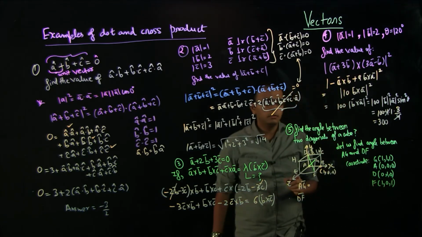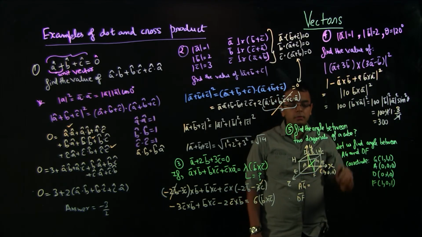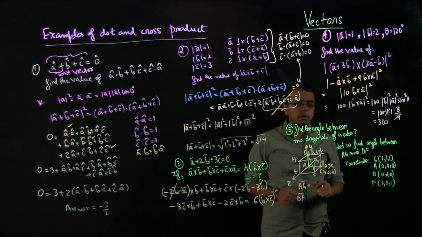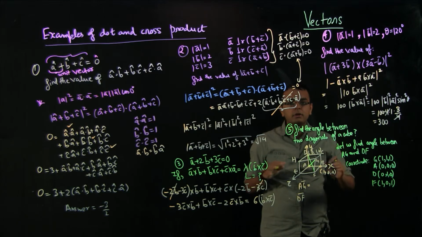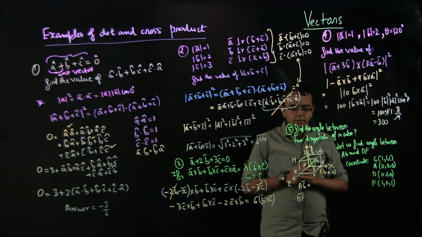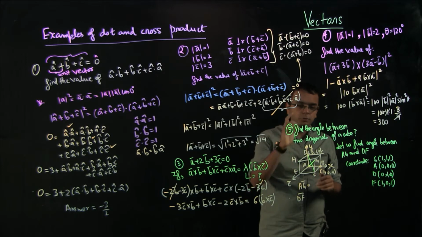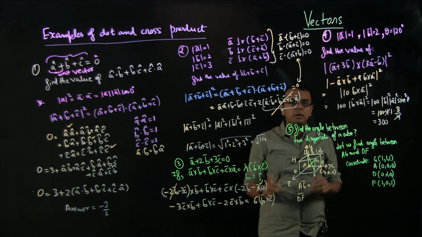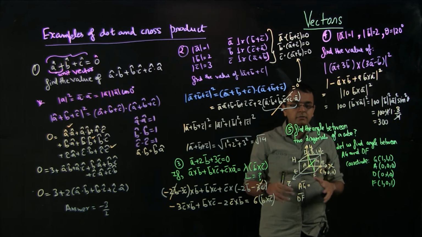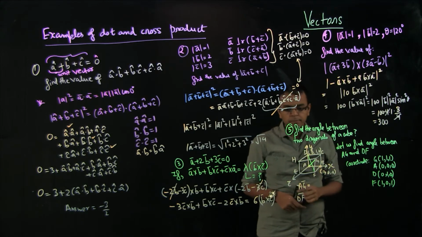You should check these coordinates and convince yourself that these are the coordinates of G, A, D, F. Whenever you write vector AG, you subtract the position vector of A from the position vector of G. Again, the basics of position vector are really important.